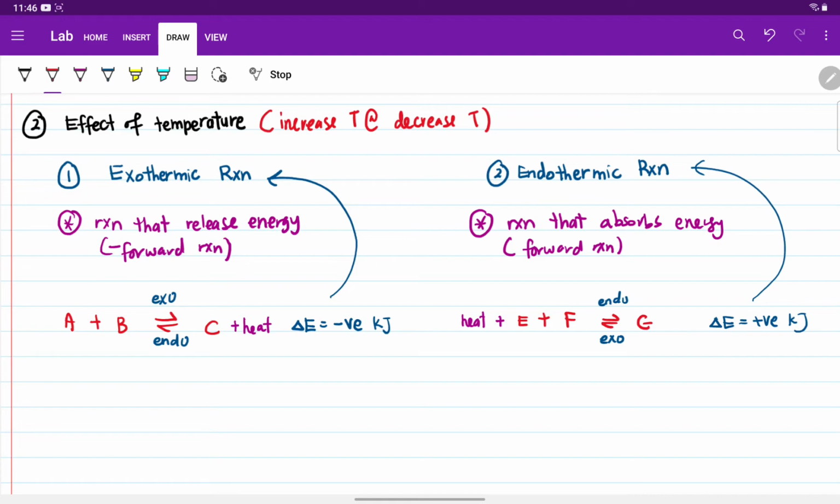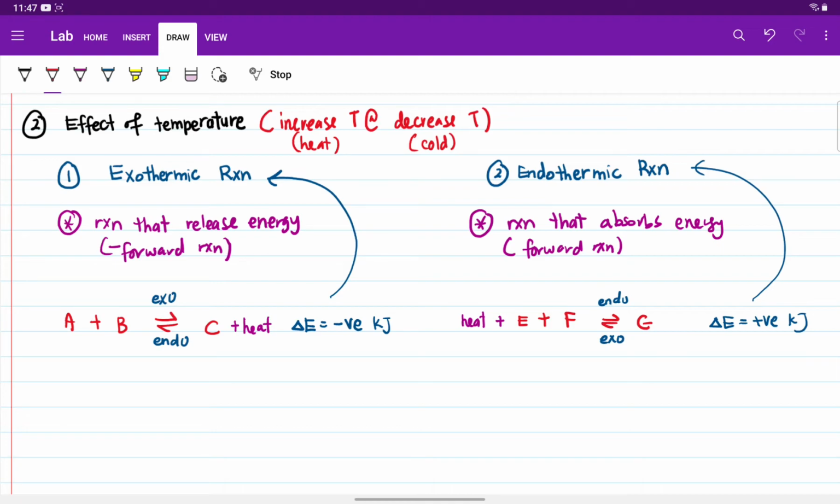Atau kita gunakan terms heat. Kalau increase, maksudnya kita guna terms heat lah. Heat the system. Ataupun the system is being cooled down. Kita turunkan dia punya temperature, decrease the temperature, jadi sejuk lah. Okay.